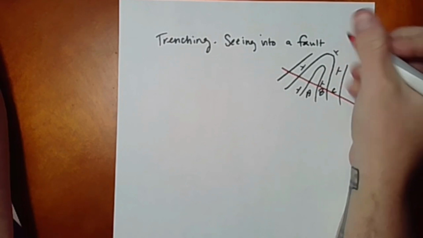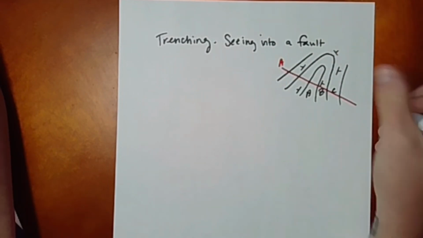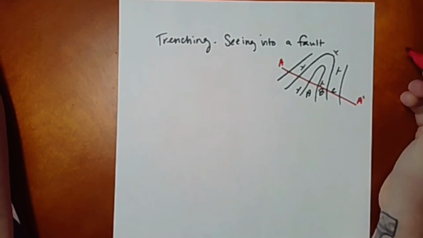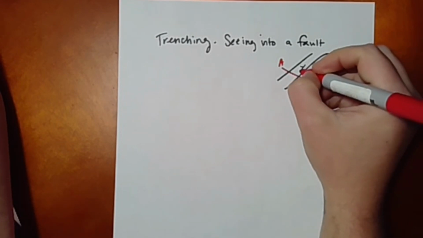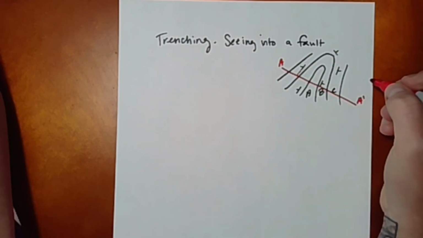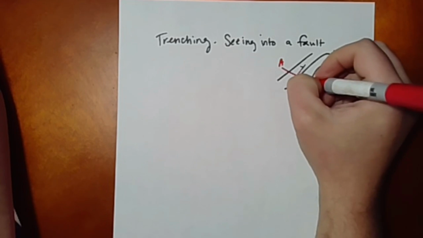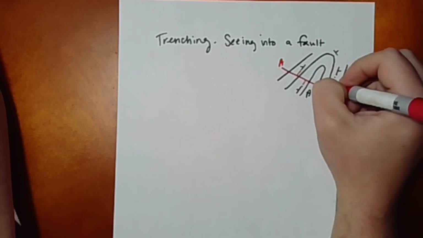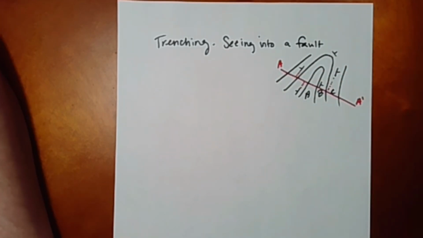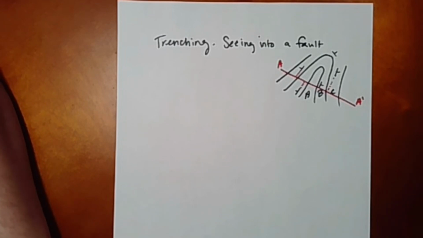And the reason for that is that when we go to make our cross-section line, we have to deal with apparent dip. And the closer your strike is to being perpendicular to your cross-section line, the closer your apparent dip is to your true dip.